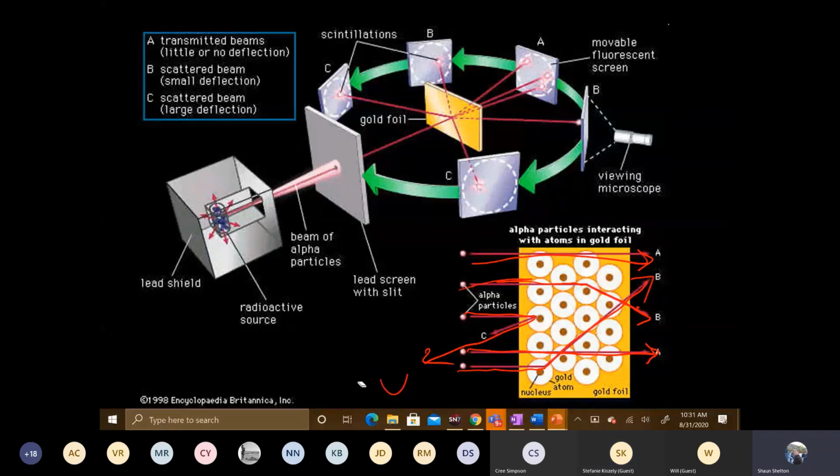But what's important here is that Rutherford is actually demonstrating the fact that most of your particles come straight through. Yes, some are deflected back, but very few of them are sent backwards because most of the atom is made up of empty space.